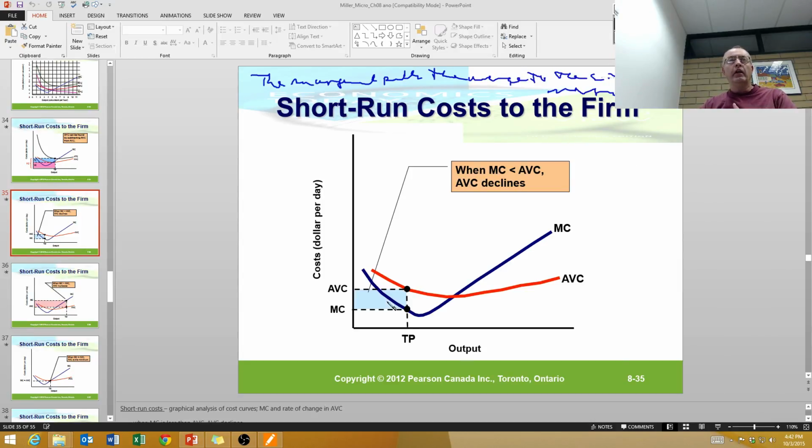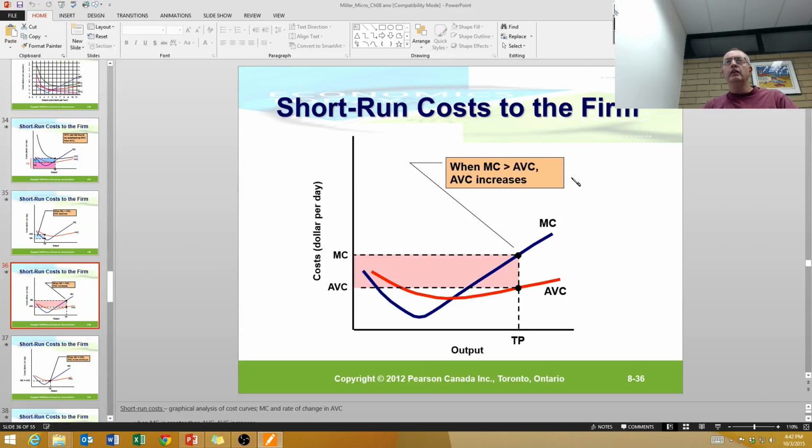Okay, so when the marginal cost per unit is less than the average variable cost per unit, the average variable cost declines. That's true. And when the marginal cost per unit is greater than the average variable cost per unit, average variable cost increases.